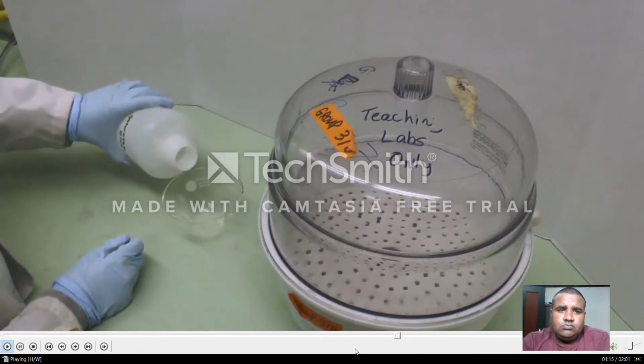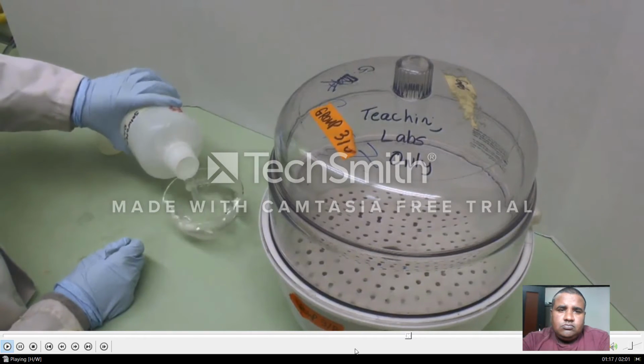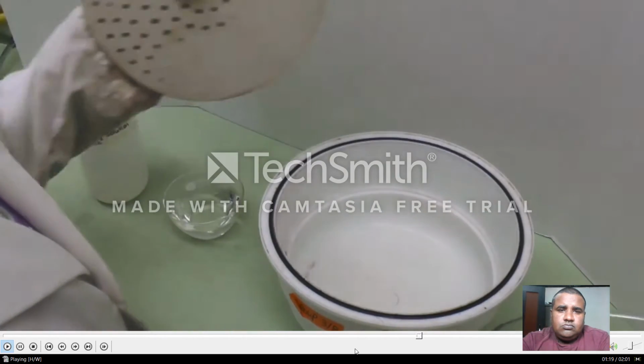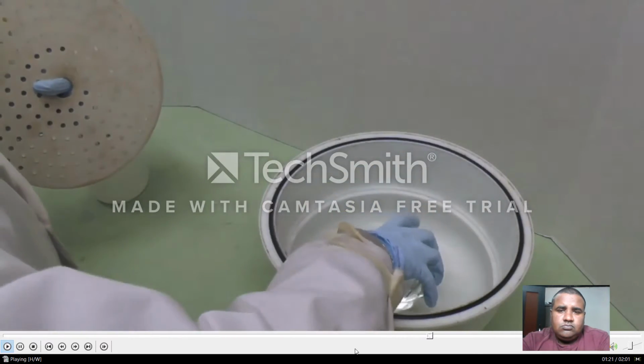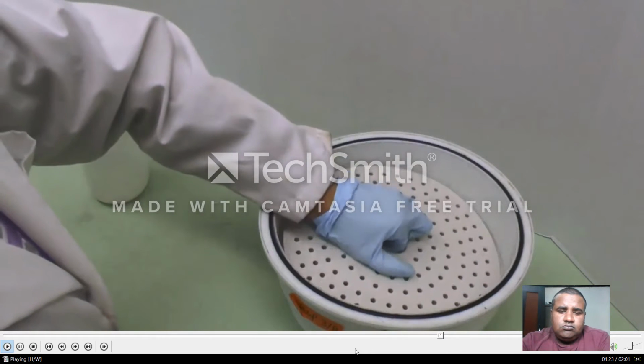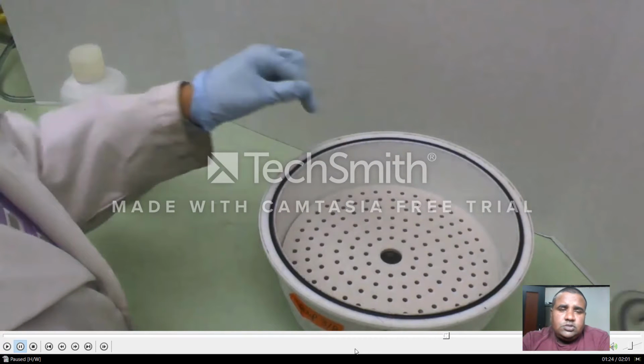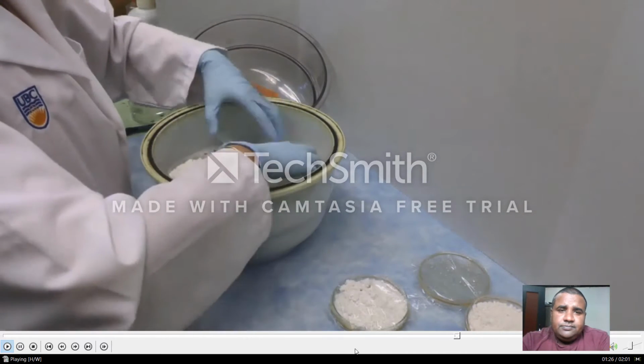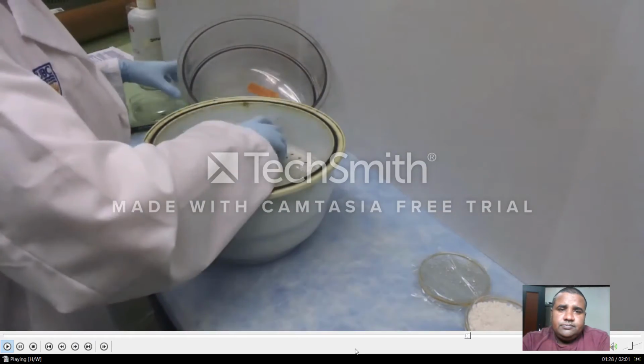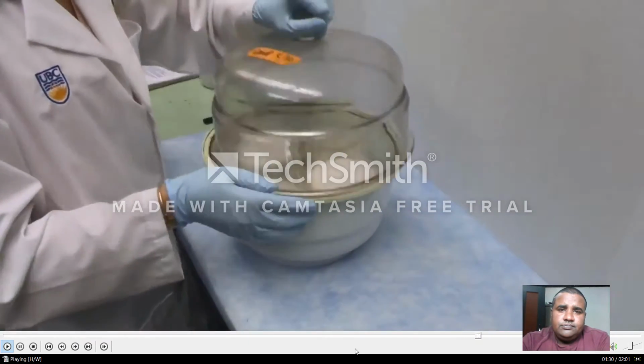Pour saturated potassium nitrate solution into the glass container and place it at the bottom of the desiccator. Replace the porcelain plate. This particular solution is responsible to maintain a particular humidity. Then place all the plates into the desiccator using empty petri plate covers as spacers.